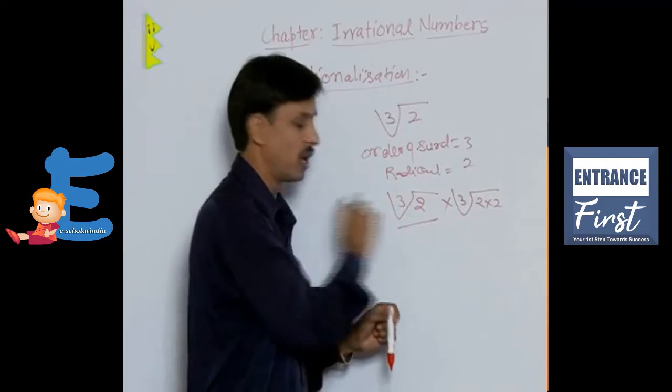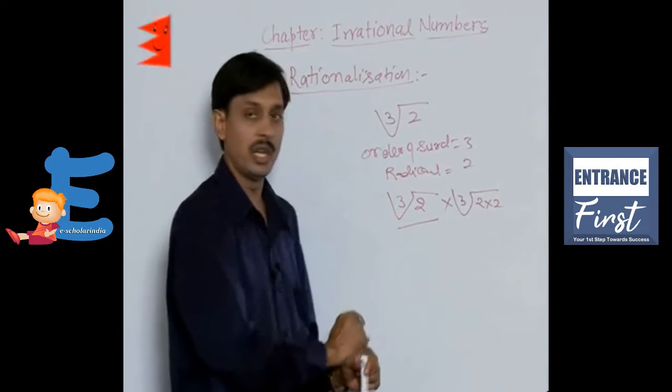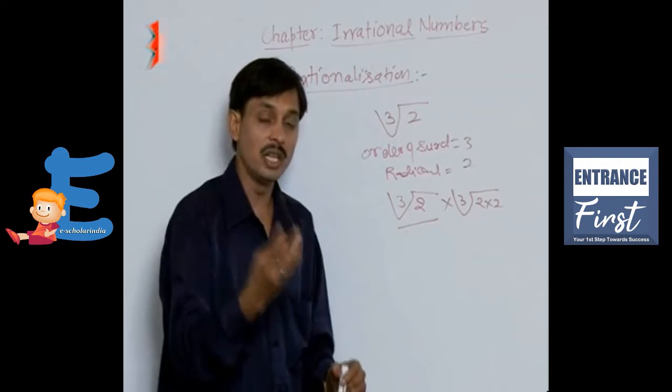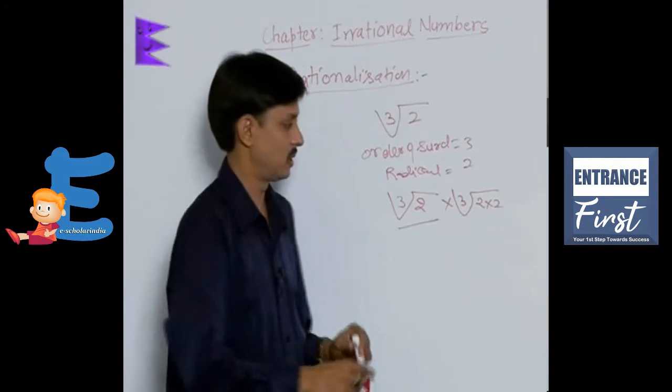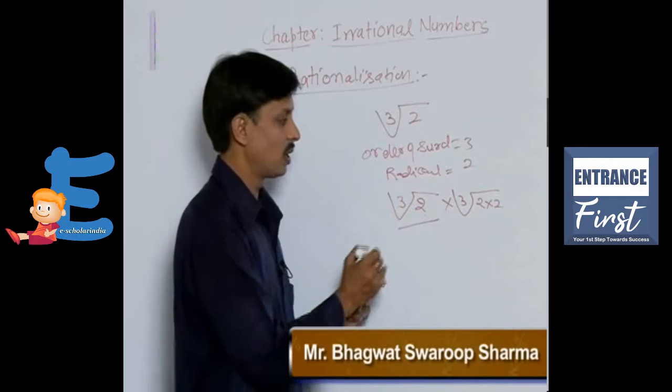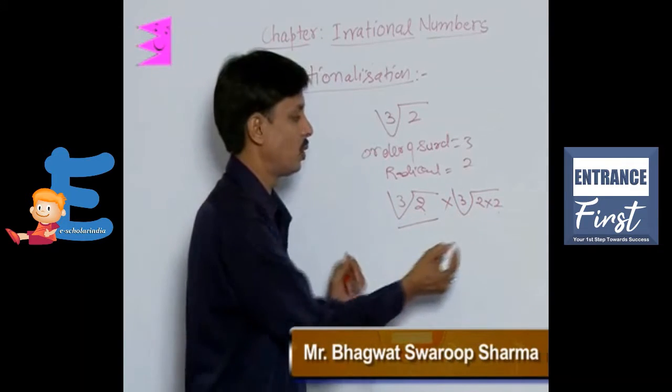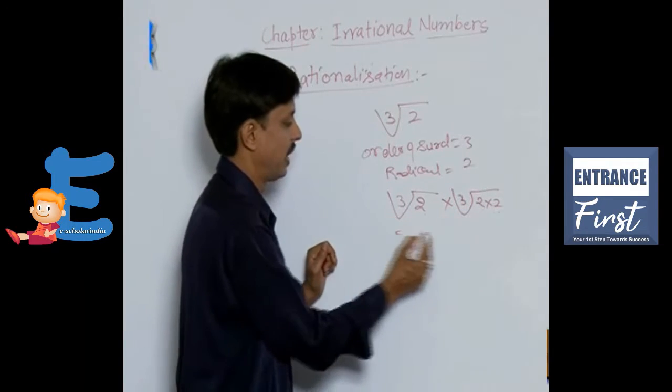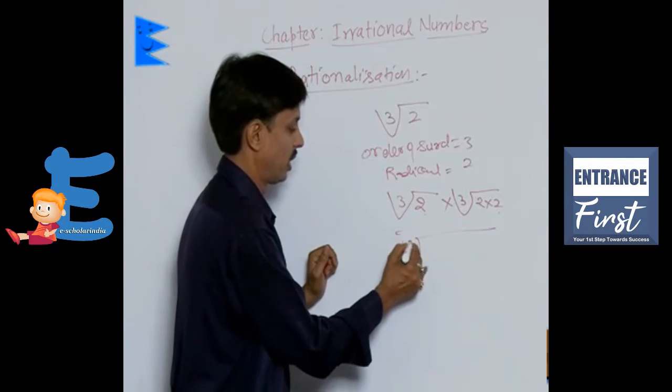There was only one 2, and as the order is 3, I need three of the same prime number. So one 2 is available, I need to multiply two more.